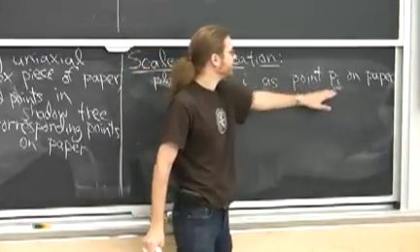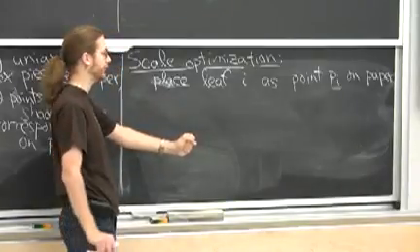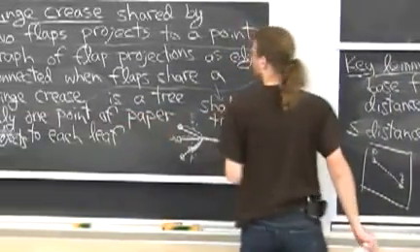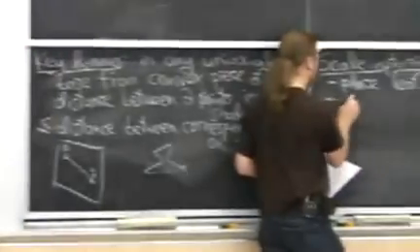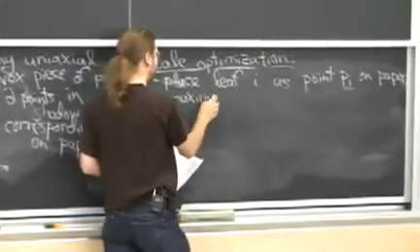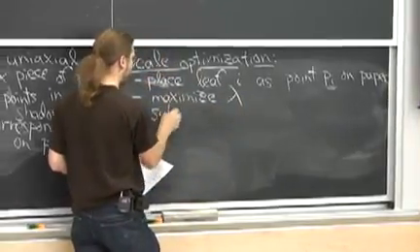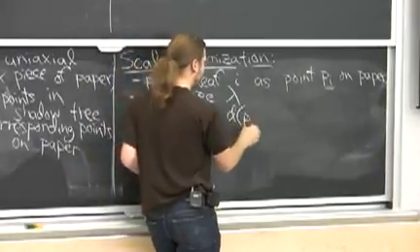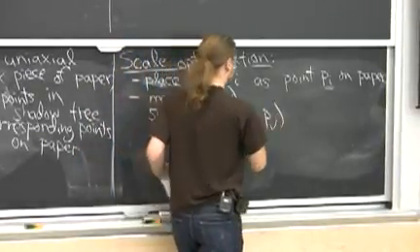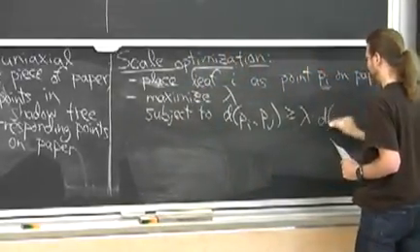And then p_i is going to be the point of paper that actually forms that leaf in the folded state. That leaf, which corresponds to a single point of paper, projects to that leaf. And then my goal is to maximize some scale factor, which I'll call lambda, subject to a bunch of constraints, which are just those constraints, except that I add a scale factor.